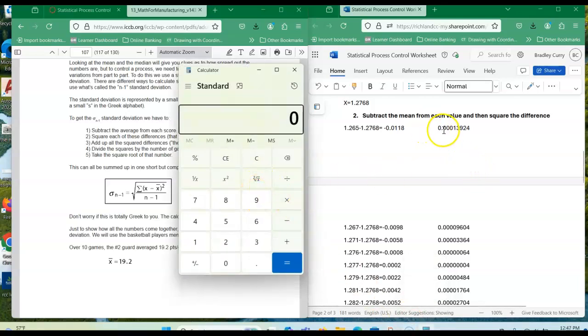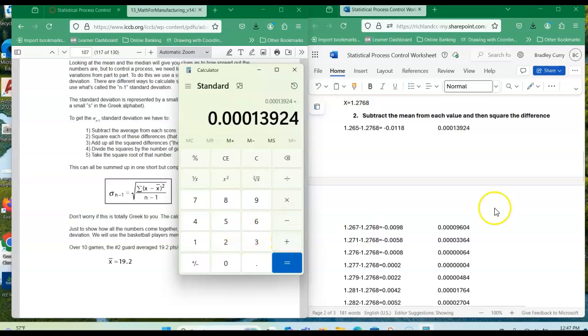Now, we're going to need to remember the number of zeros that you have. So this one's going to be 0.000133924, and I'm going to say plus. To help me keep track of these, I'm going to put my cursor over here just to make sure that I know exactly where I'm at.